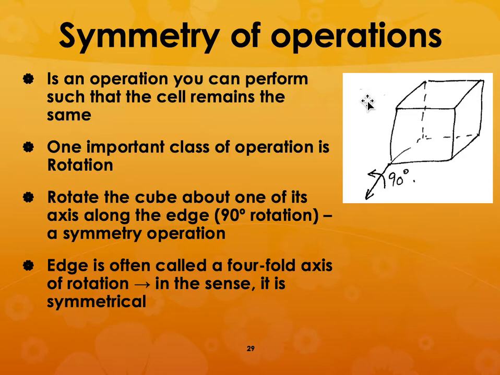If you did not look at it before rotation, after rotation it will look really the same, except that the atom positions of the previous lattice cube have just changed. So you have a 4-fold axis of rotation for the edge. In a sense, it is symmetrical, so you can rotate it 4 times to get to the same old position it was in before you started the rotation process.